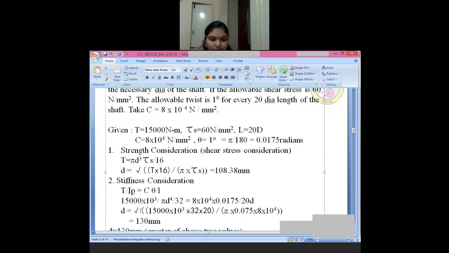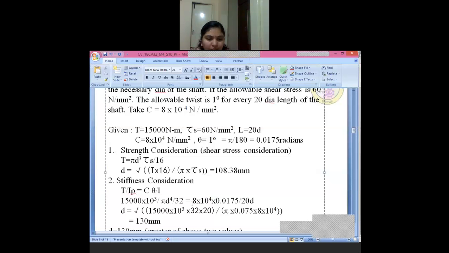Using the stiffness condition, T by J is equal to C theta by L. T is 15,000 into 10 cubed, J is pi D to the power 4 by 32, equal to C into 8 into 10 to the power 4, theta is 0.01745, and L is 20 times the diameter of the shaft.